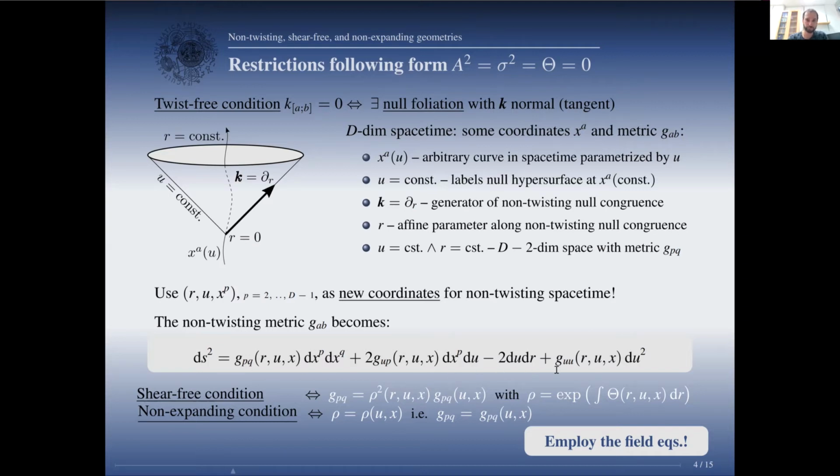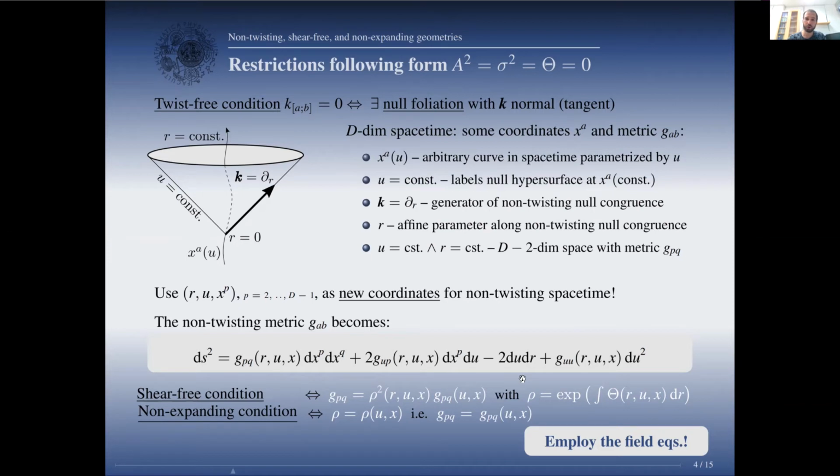So it's adapted to the null foliation generated by affinely parameterized null geodesic vector field. Okay, so we have also the shear-free condition, and it tells you that the spatial part of the metric, this d minus 2-dimensional, indicated by this circle here, can depend on the affine parameter along the null congruence only via conformal factor, which is written here.